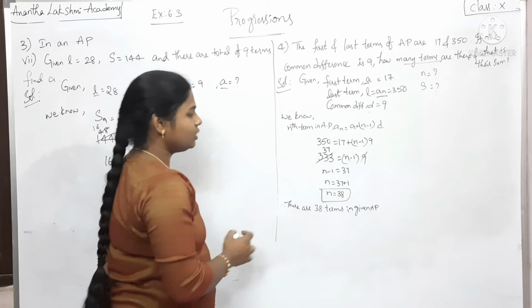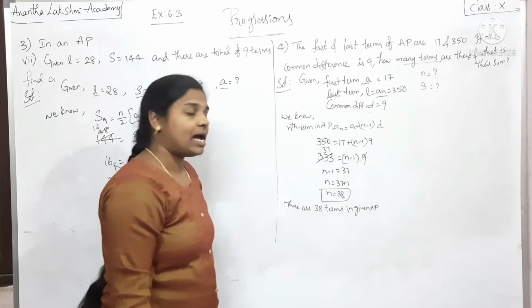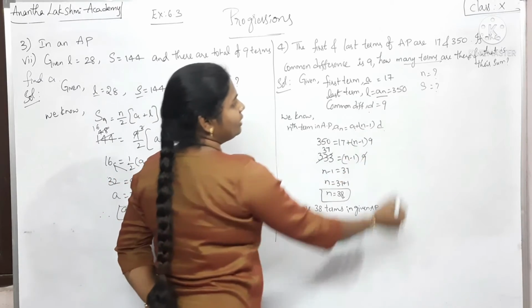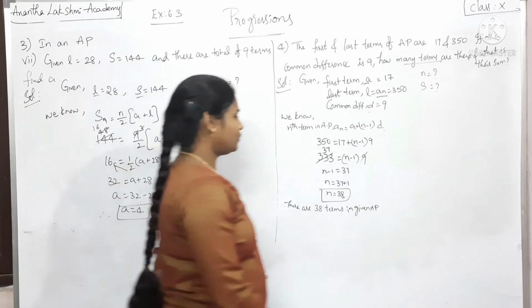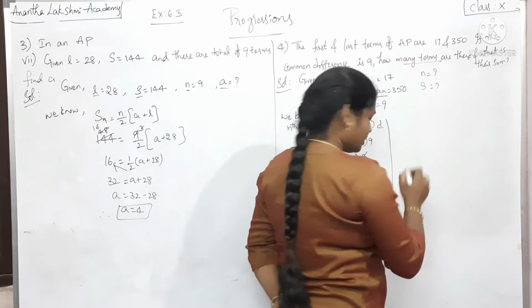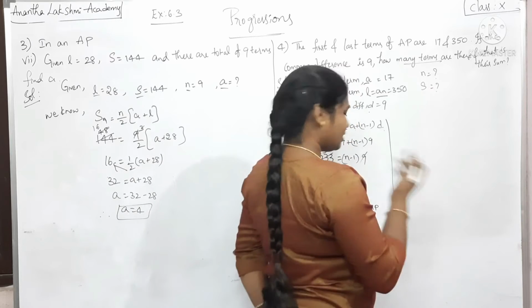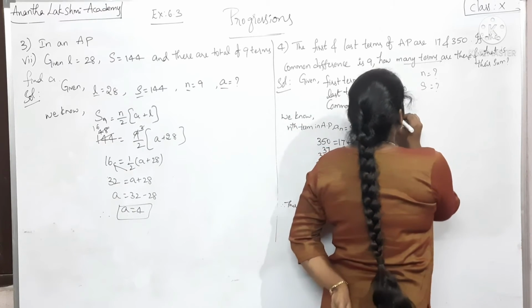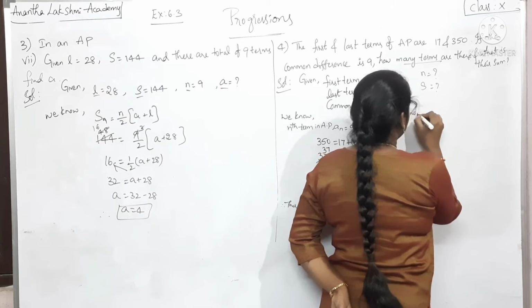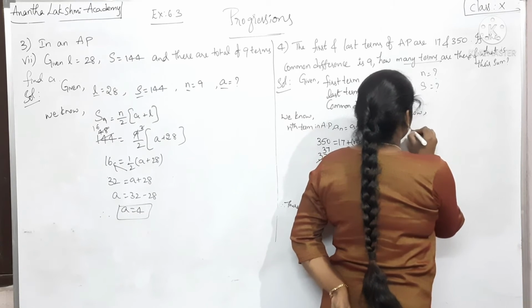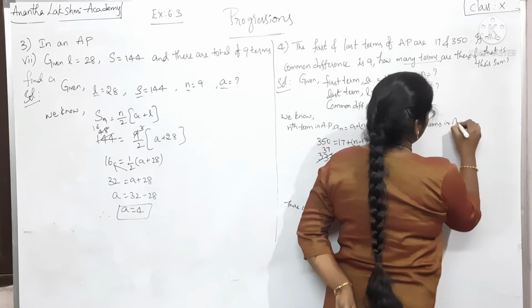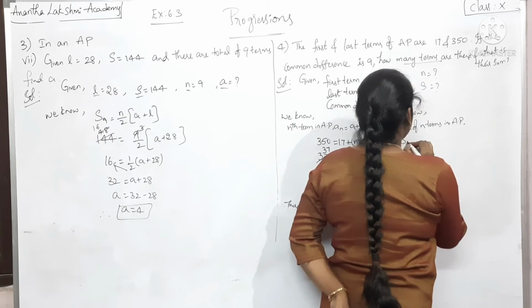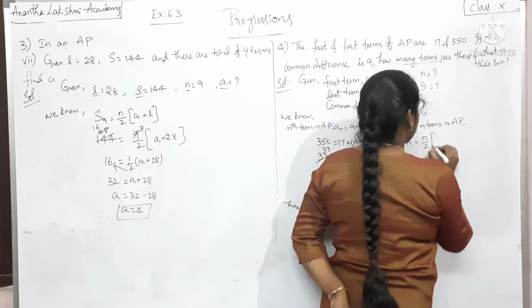How many terms are there? 38. Now that you know the n value, the first term, the common difference, and also the last term, which of the formulas would you like to use? Either the classic formula or the other formula. Sum of n terms in an AP, Sn, is equal to n by 2 into (A plus L).